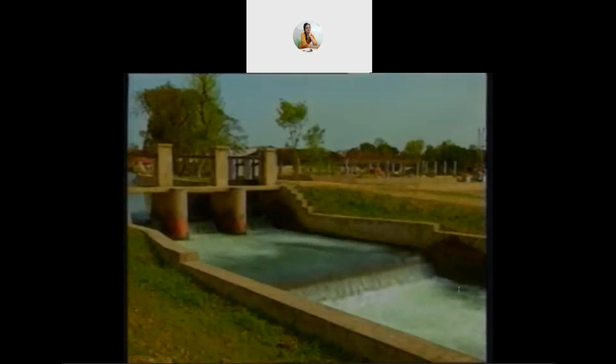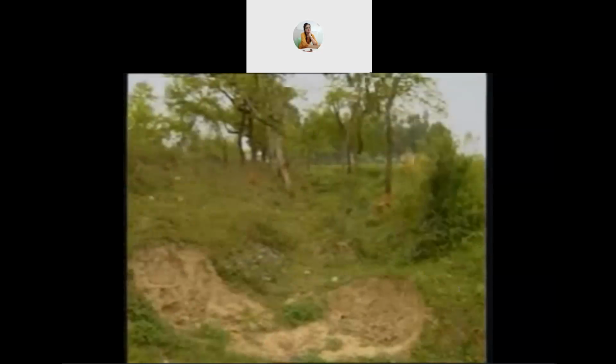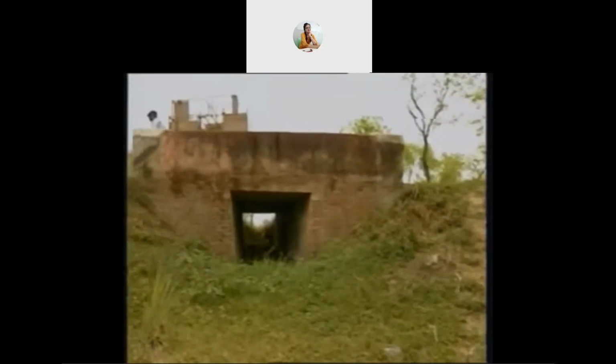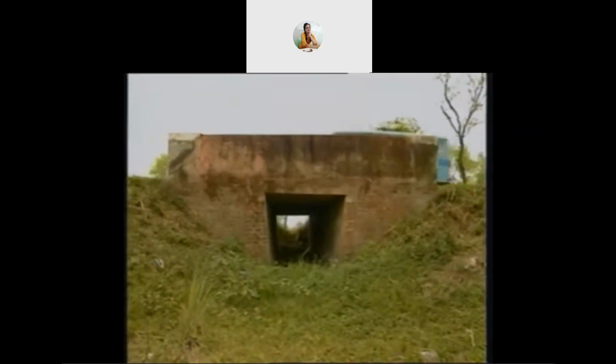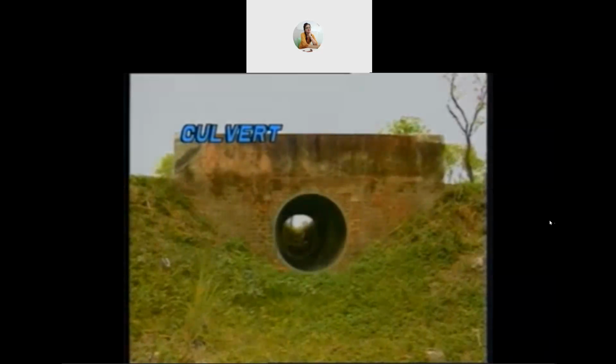A channel having a steep slope is called a chute. If the drop in elevation occurs in a short distance, the chute is then called a drop. A covered channel flowing partly full to drain water across the highway and railroad embankments is called a culvert. It could be rectangular or circular.